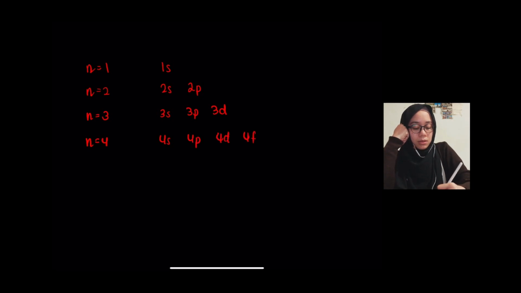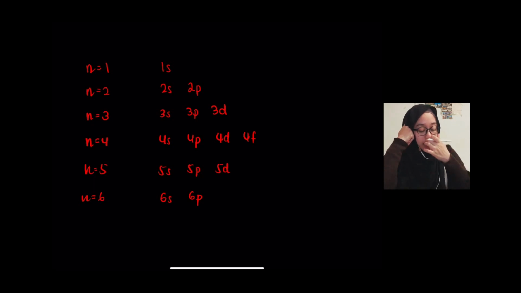At n equals to 3, kita ada 3s, 3p, and 3d. At n equals to 4, we have 4s. Sebenarnya dekat 5 dengan 6 tu ada banyak lagi orbital yang lain, tapi Miss tak tunjuk. Miss just tunjuk yang ni sahaja dahulu.